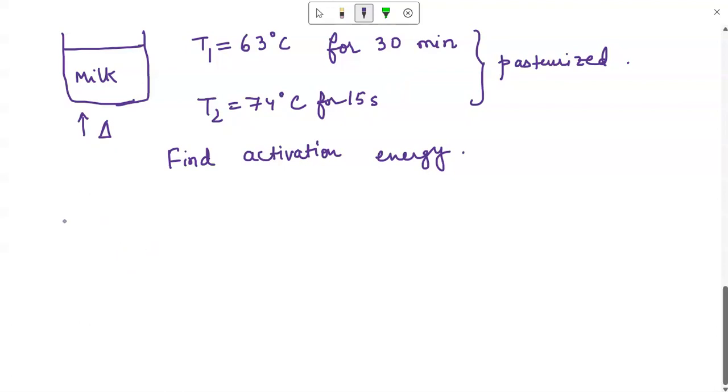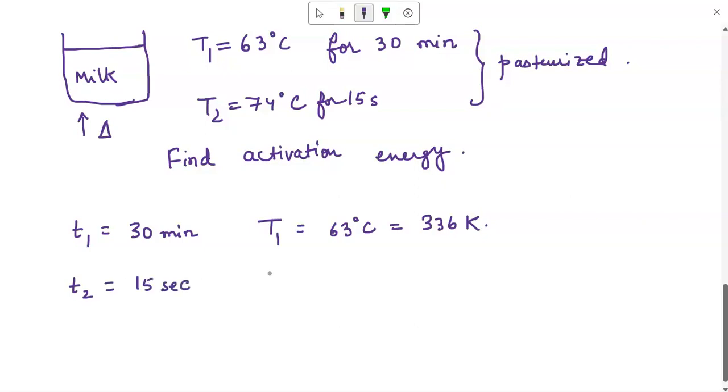So let me say at condition 1, small t1, which denotes the time, is 30 minutes, and temperature 1, let me write it again, is 63 degrees Celsius, which is equal to 336 Kelvin. Okay, t2 over here, that is the second condition, is 15 seconds, corresponding to temperature value 74 degrees Celsius, which is almost 347 Kelvin.